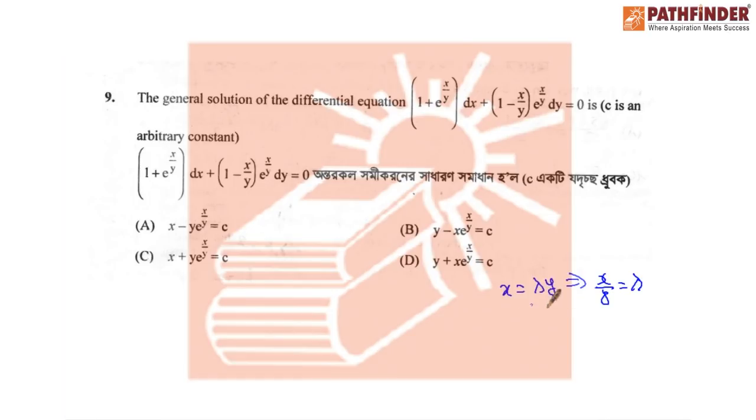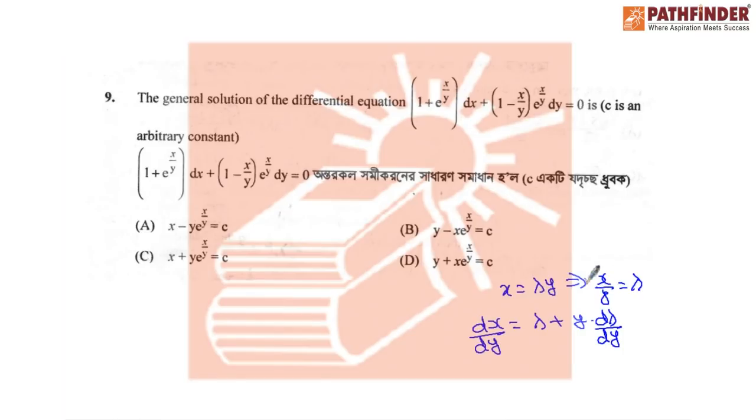Differentiating both sides, we get dx by dy is equal to lambda plus y d lambda by dy.